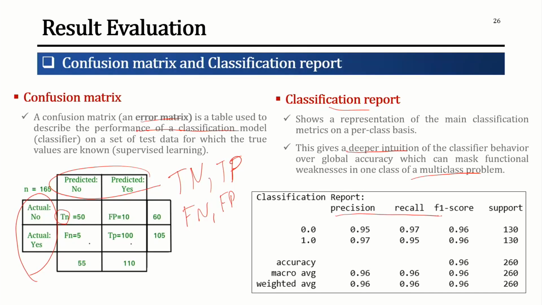We have precision, recall, F1 score, and we have another type of evaluation criteria, which we call support. And we also have the accuracy and some other weighting methods. So normally the classification report gives us a general representation of the result so that we can evaluate whether our model is correct or not.